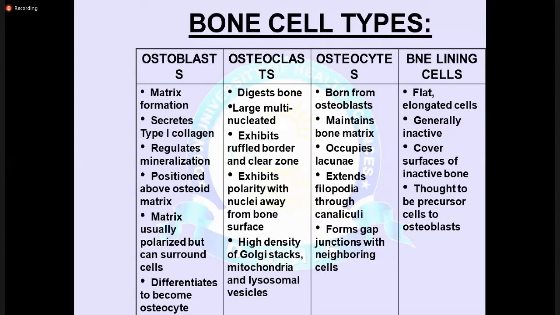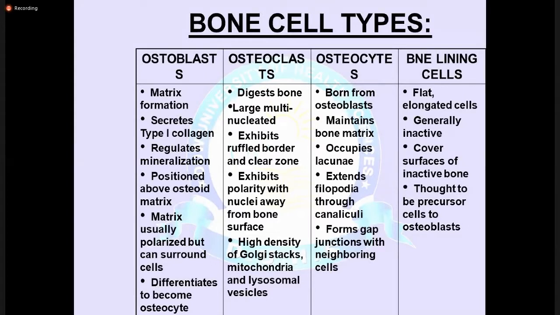Osteoblasts are responsible for the synthesis of bone matrix by secreting type 1 collagen and a protein called matrix GLA protein, or osteocalcin. So this is the basic thing, that is the type 1 collagen and the matrix GLA protein, which are responsible for the synthesis of the bone matrix.